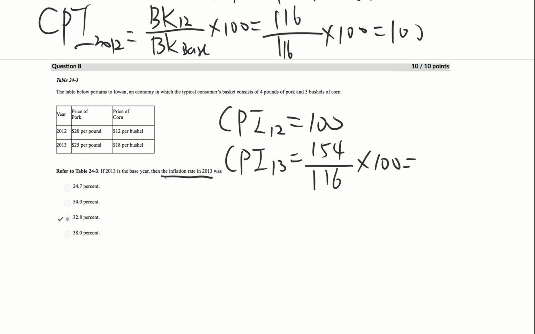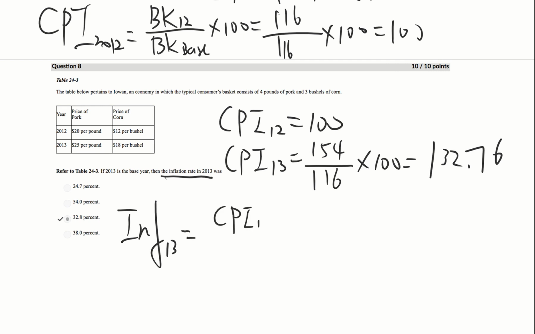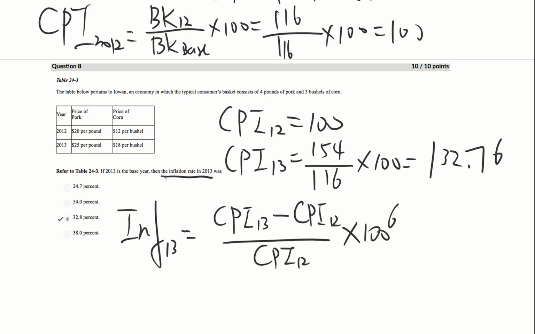So 154 divided by 116 times 100, your answer should be 132.76. Now to find inflation for 2013, we're going to do our CPI for 2013 minus CPI for 2012 over CPI for 2012 times 100%.